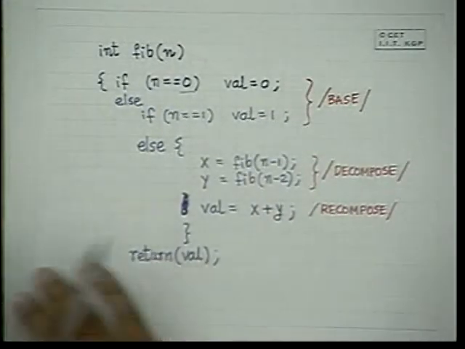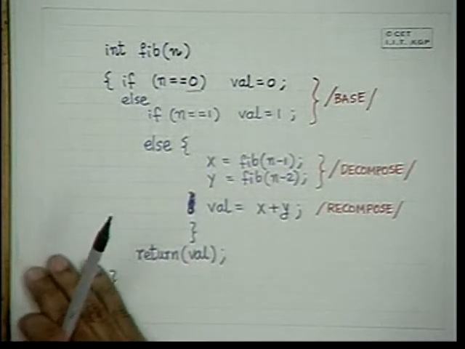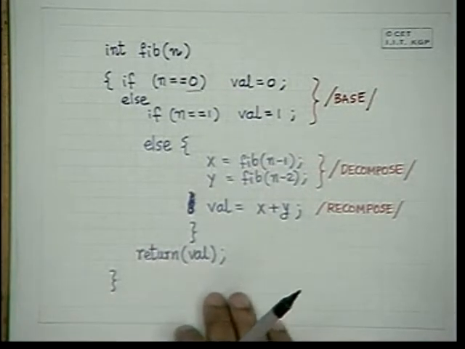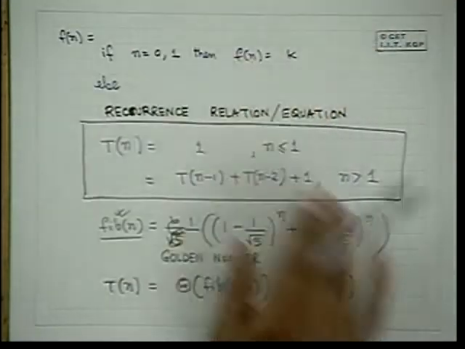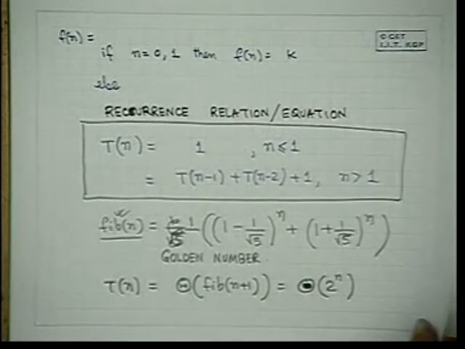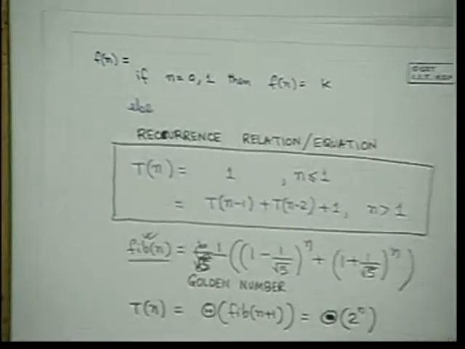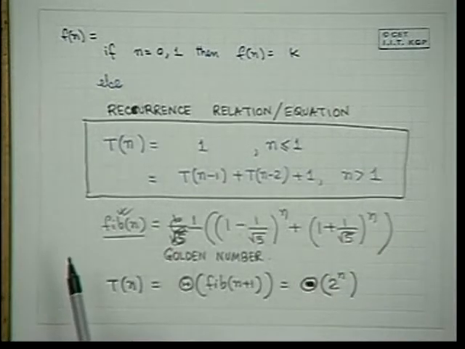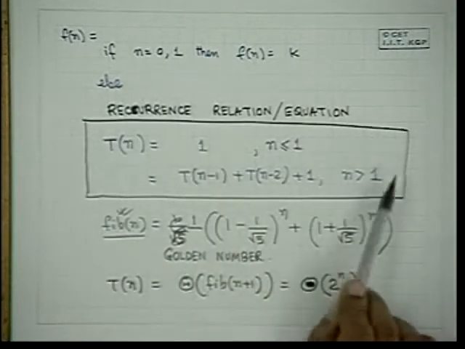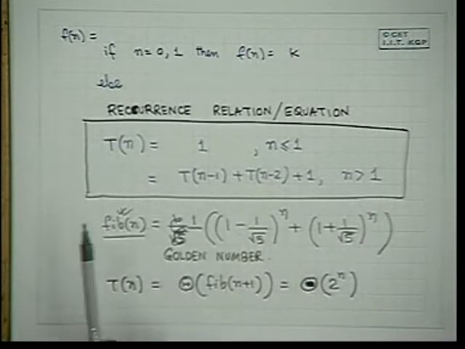It grows very rapidly compared to an algorithm like n square or n cube, which grows as a polynomial function of n. We have to see what we can do about this.